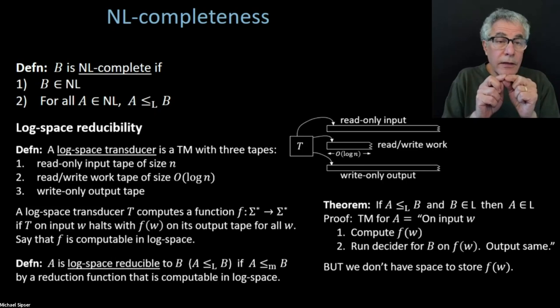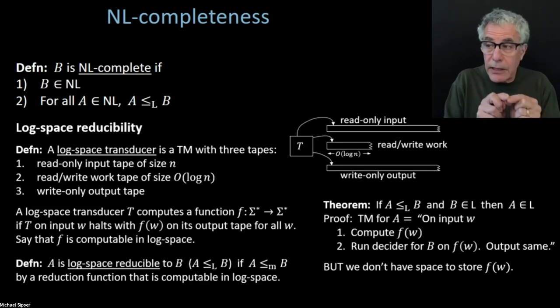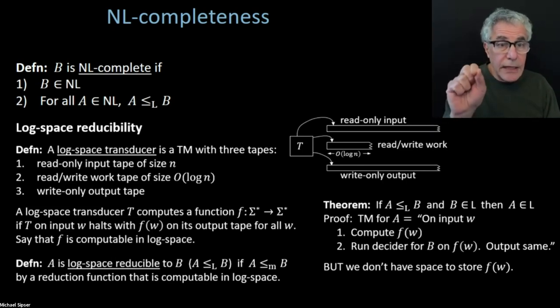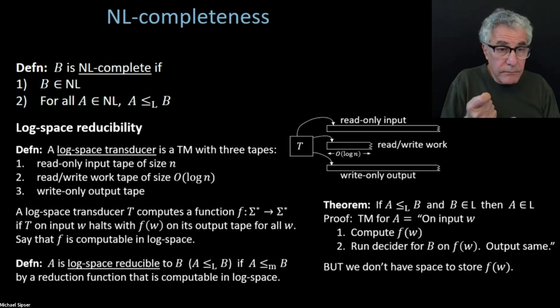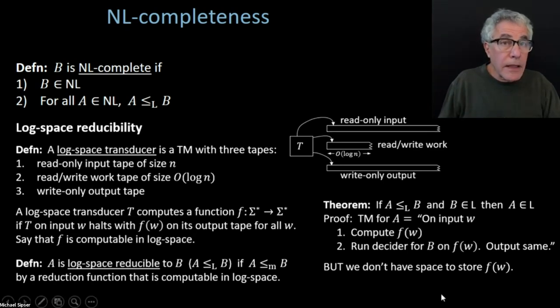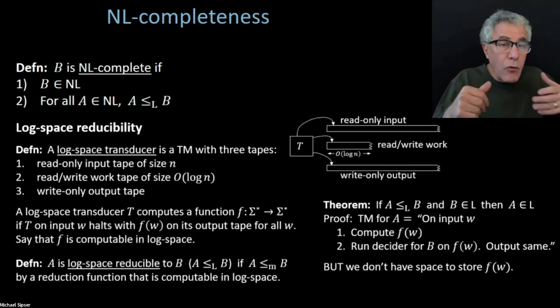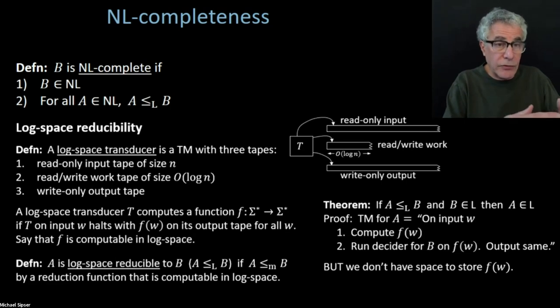So if the decider for B is reading the 10th symbol of f of w, we fire up the transducer on W. And as it's writing out its output, which we don't have space to store, we throw away all of the output values until we get to the 10th one.